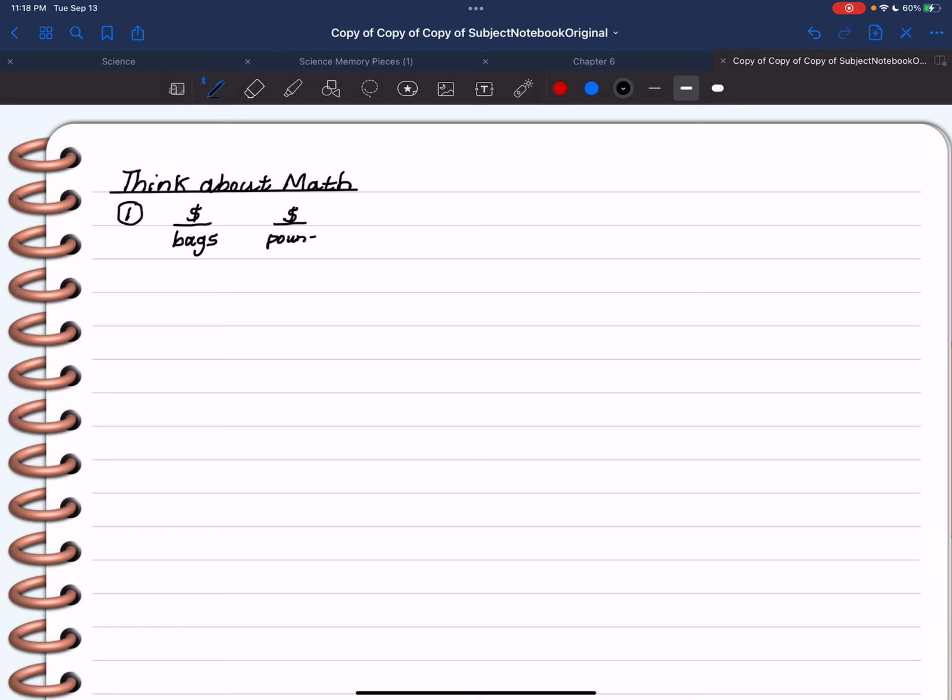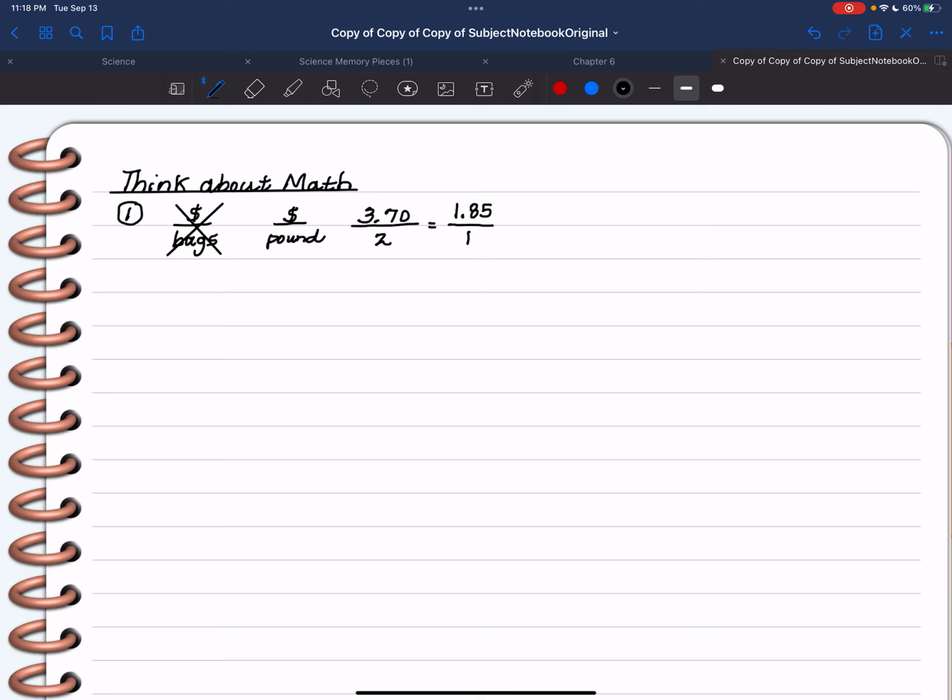So even though you can set up a ratio, just like we did with the donuts, this doesn't answer the question, so you don't want to use that one. The cost is $3.70, and the pounds are 2. So we want to break that down to 1 pound. So we're going to say 3.70 divided by 2 is $1.85.